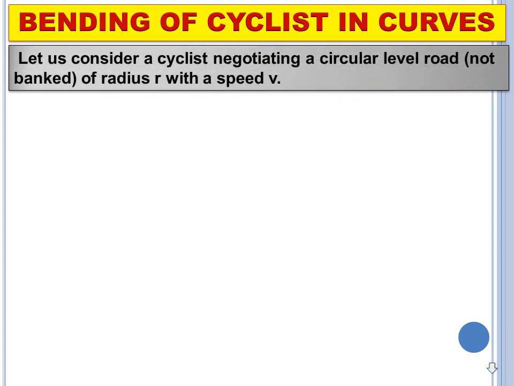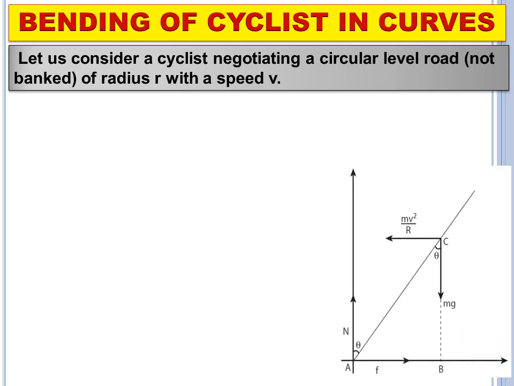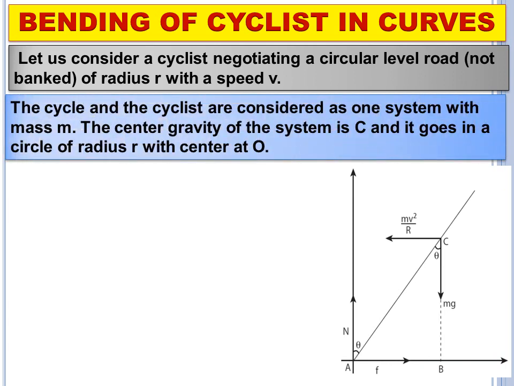Let's see. Now let's consider a cyclist negotiating a circular level road, not a banked road, of radius R with a speed V. See, this is a picture of the banking road. The cycle and the cyclist are considered as one system with mass m.